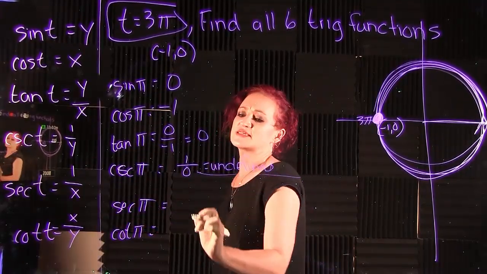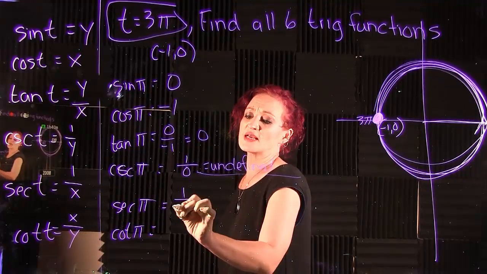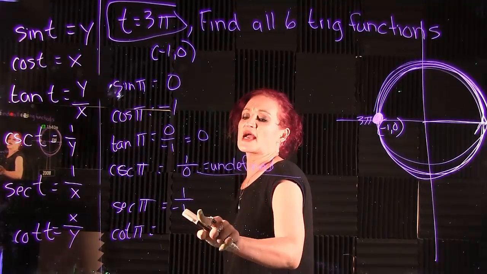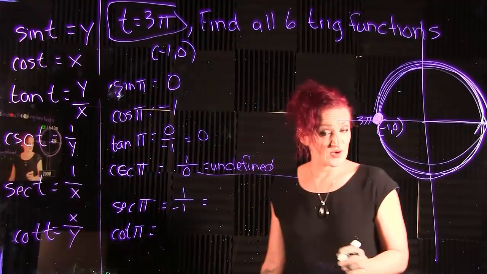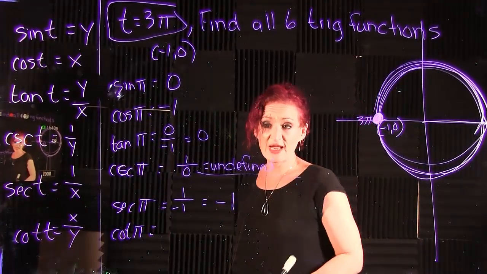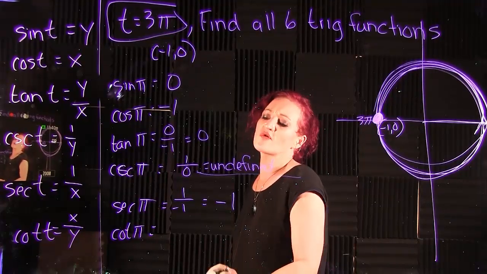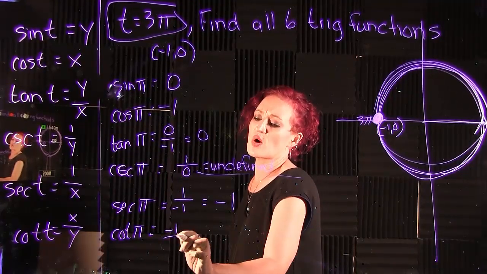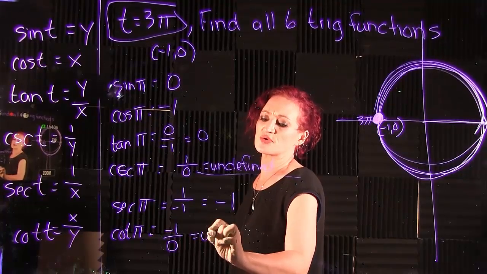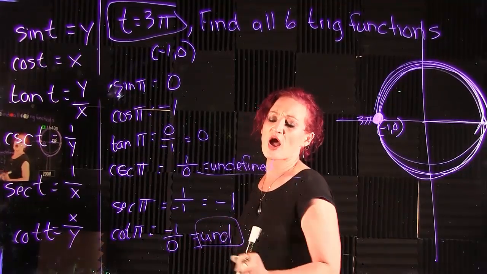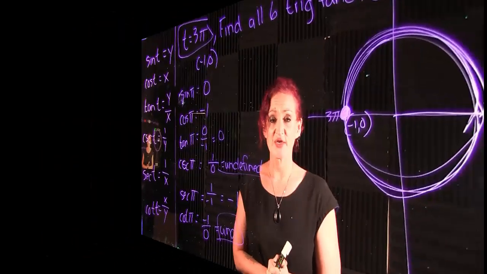Secant is 1 over x. Our x is -1, so that's 1 over -1, which is just -1 for secant. And then cotangent is x over y. x is -1, y is 0, and again 0 in the denominator leaves us with undefined.